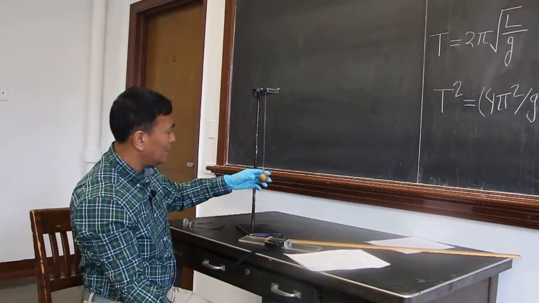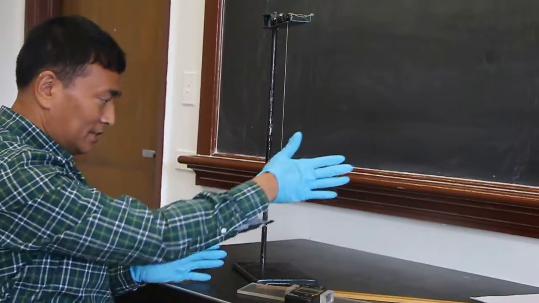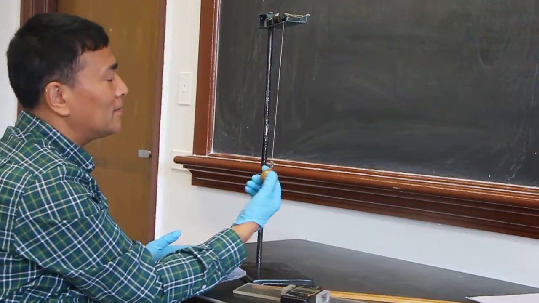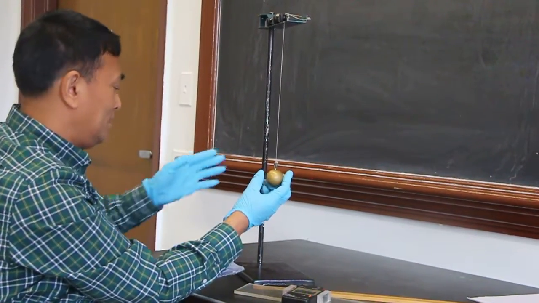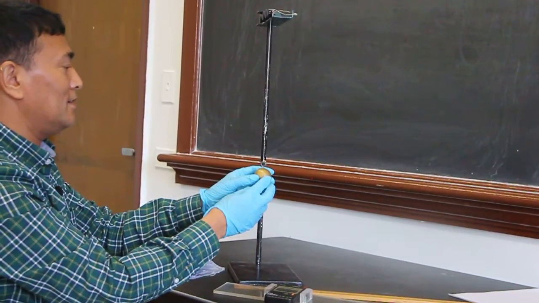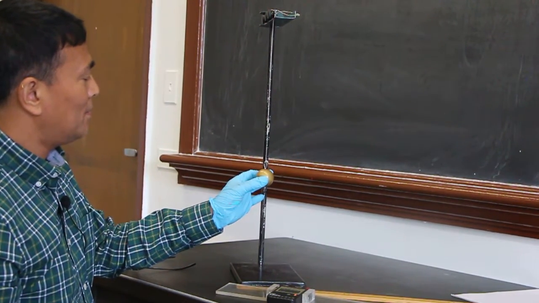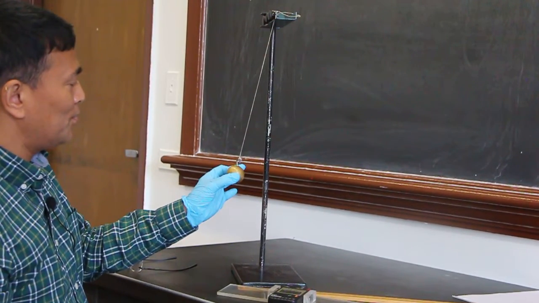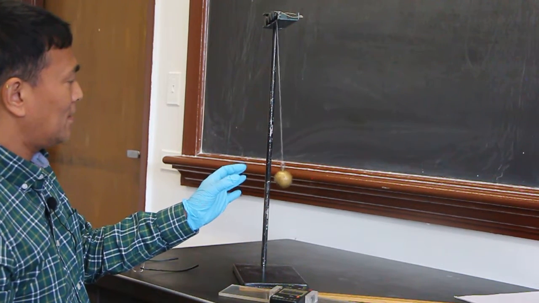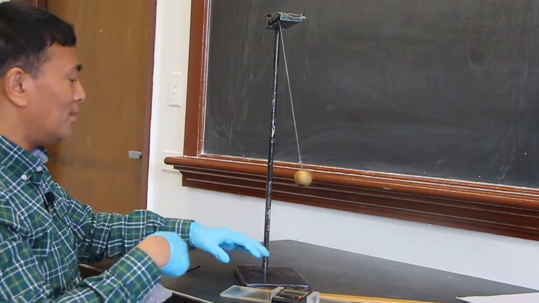And I'm going to oscillate this. When we oscillate, it should just oscillate in one plane. It should not go like this, and it should not rotate either. In order to do that, just swing it simply, giving a small push, and let it go for a while.